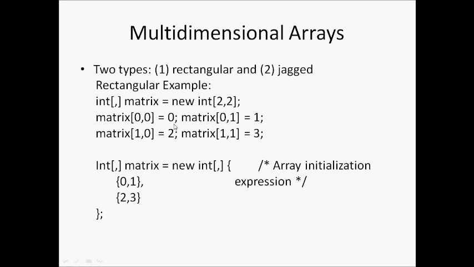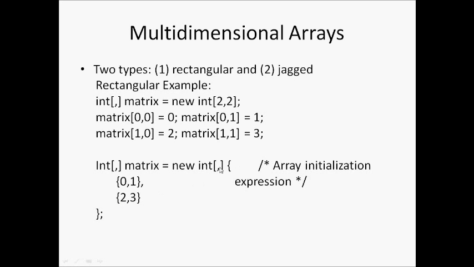And to initialize this, when you declare this, the expression is like this. We have the same kind of declaration here, but you don't specify the number of elements in the array. The number of elements is determined by the initialization.